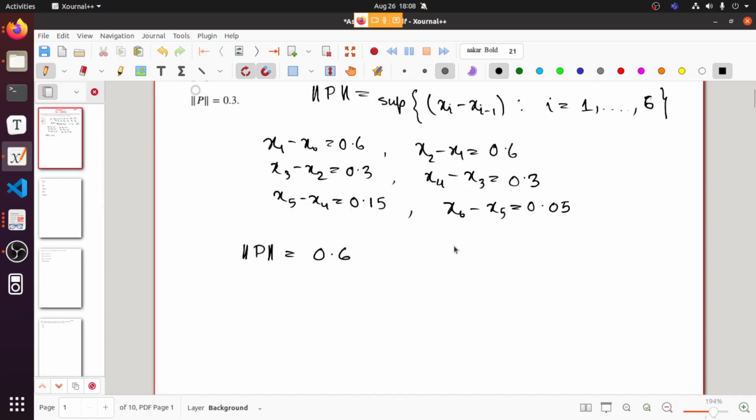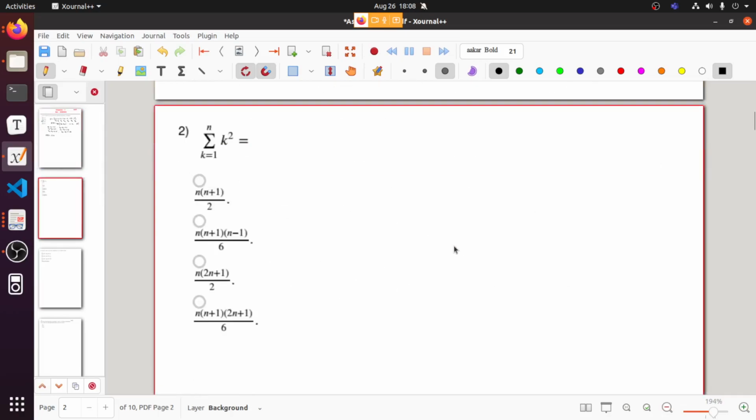Okay, let's move to question number 2. You have to find the sum of the squares of the first n natural numbers, that is, the sum over k equals 1 to n of k square. What is this? 1 square plus 2 square plus dot dot dot plus n square, right?